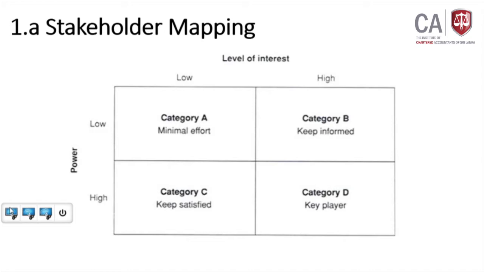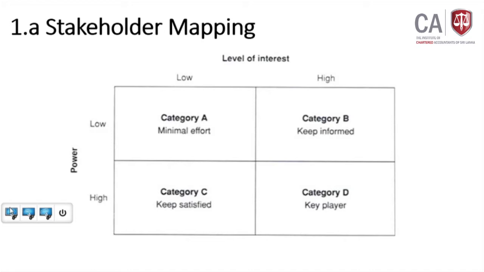Their level of interest is high, at the same time power is also high. For an example, main shareholder of a business.